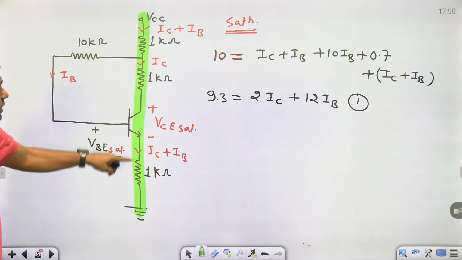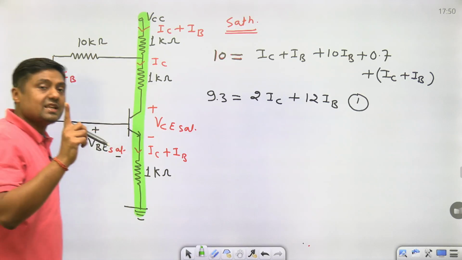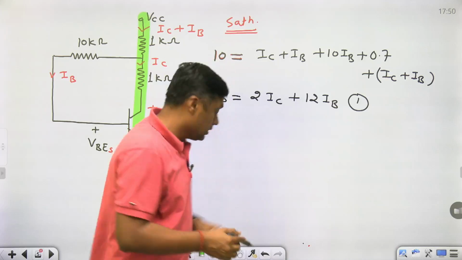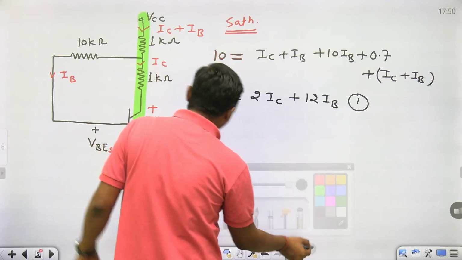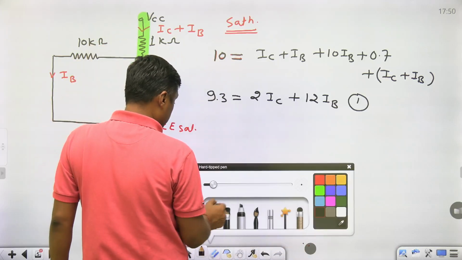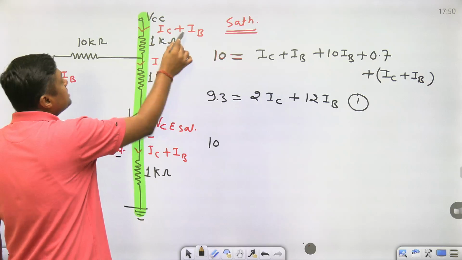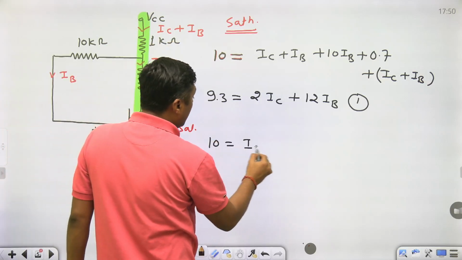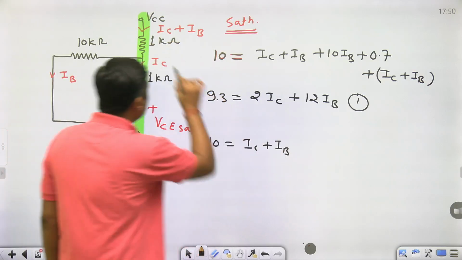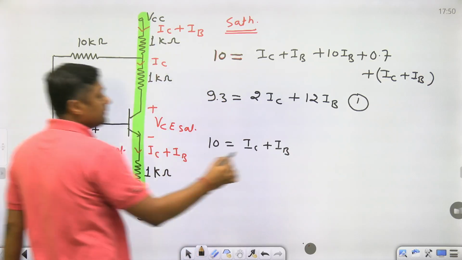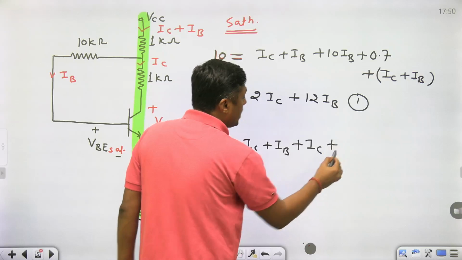Now this is the KVL. And what is the value of VCE sat? 0.2 volt. Then you can write like this: 10 is equal to IC plus IB into 1, plus IC into 1, plus VCE sat.